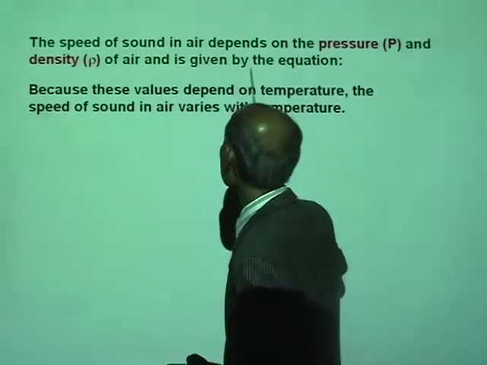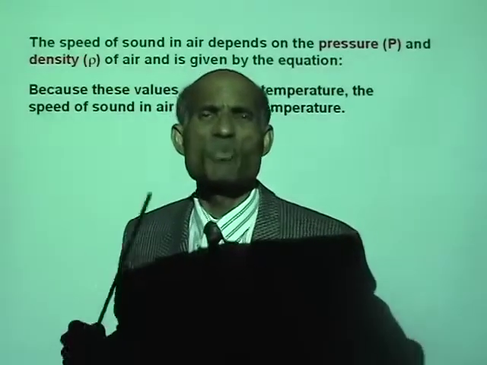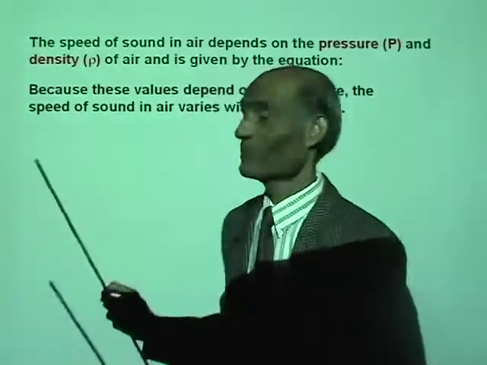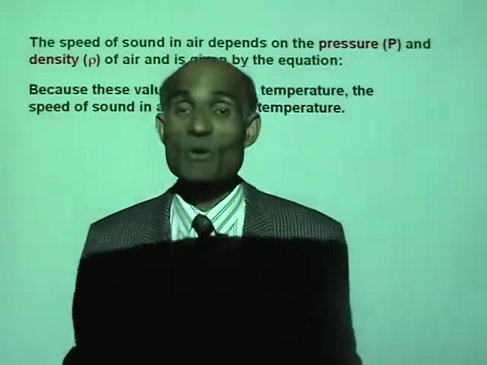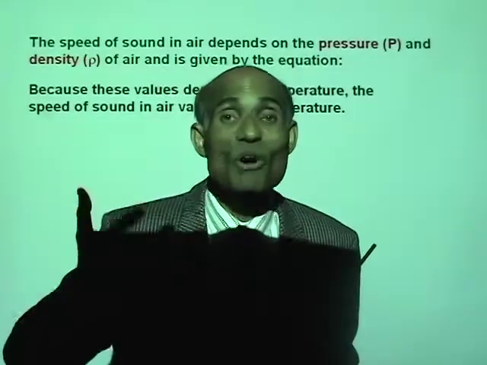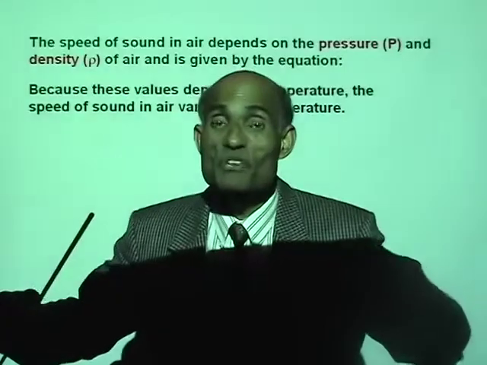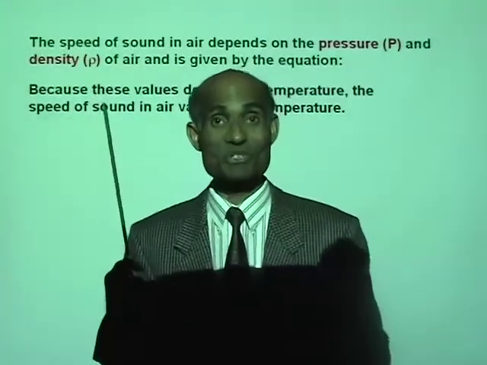Now, I don't think you need to worry about an equation for the speed of sound. But you need to understand this. The speed of sound in air depends on temperature. Why? Because as temperature changes, the density and pressure of air will change.